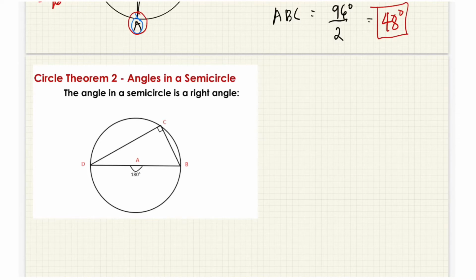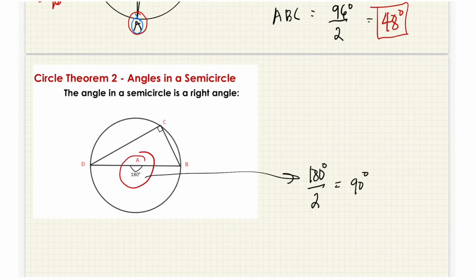So if we have 180 here, remember this is twice the circumference angle. We divide it by 2. The answer is 90 degrees. Therefore, the angle here is always 90 degrees.